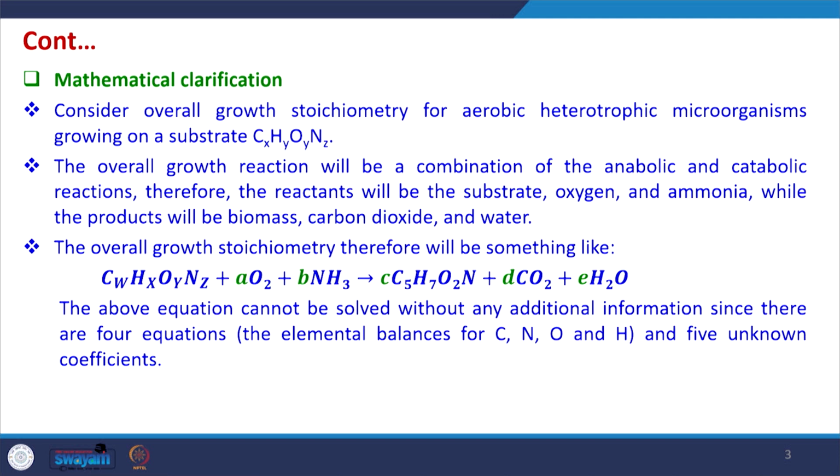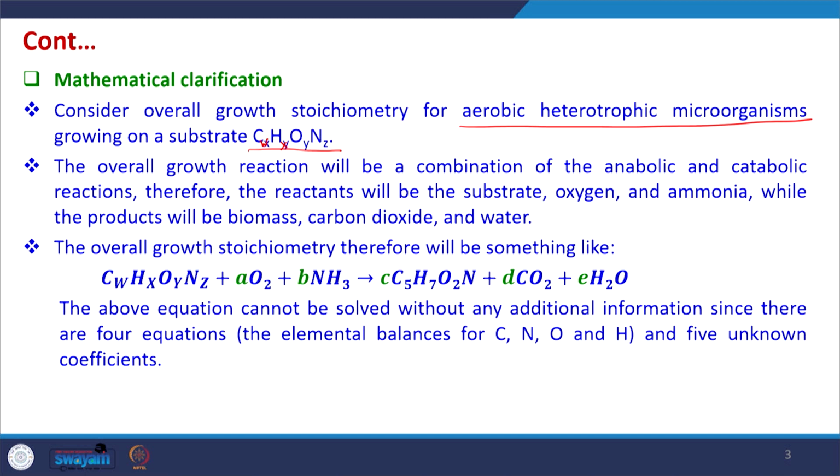We can see here an overall growth stoichiometry of aerobic heterotrophic microorganisms growing on a substrate of the general formula CwHxOyNz, and the overall growth reaction will be a combination of both anabolic and catabolic reactions.